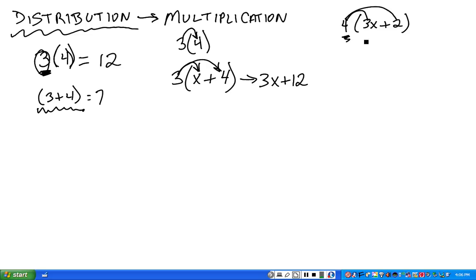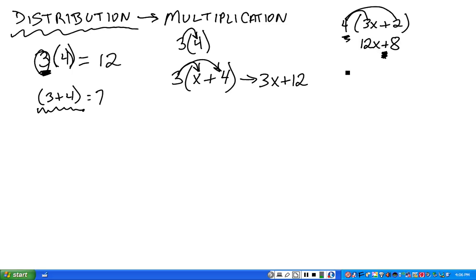So 4 times the 3x gives me 12x. 4 times the 2 gives me a positive 8. Be sure to always include the sign in between the terms. So you have to put that plus sign there.